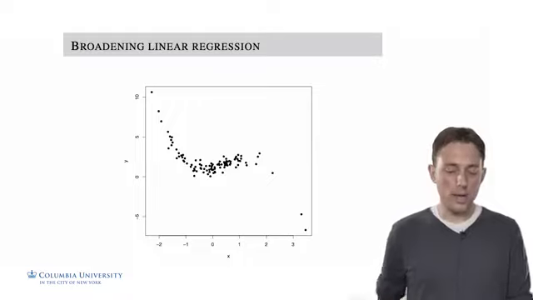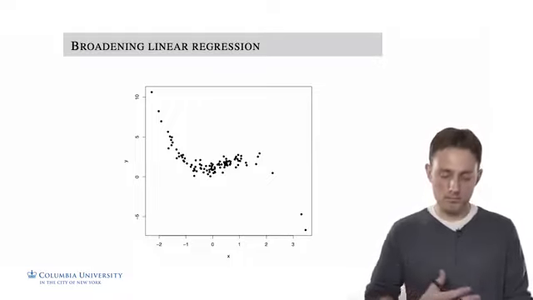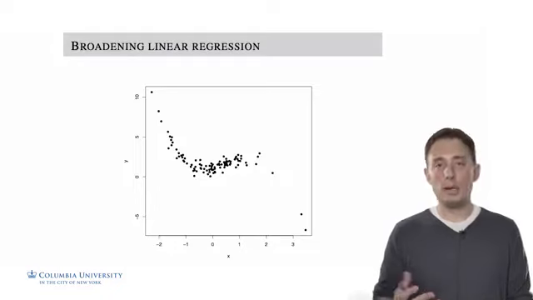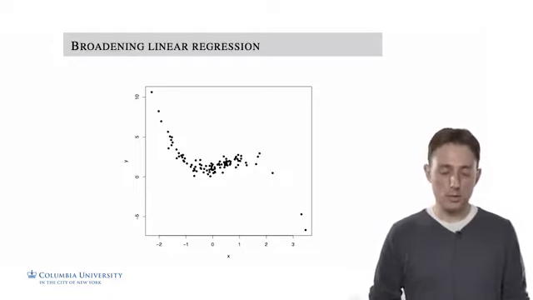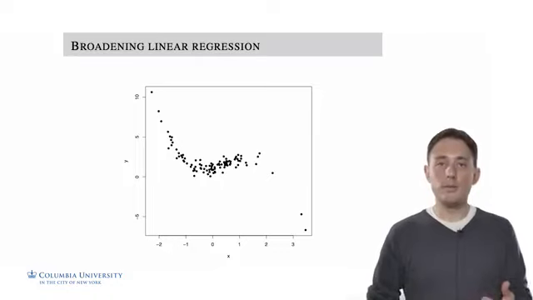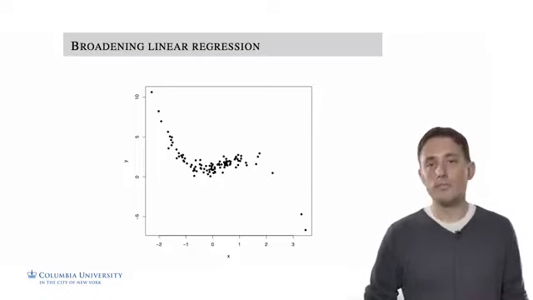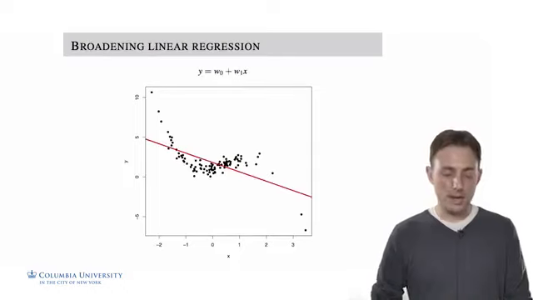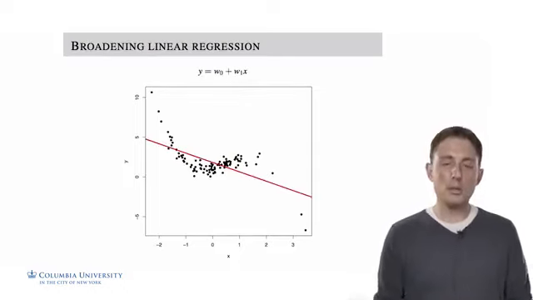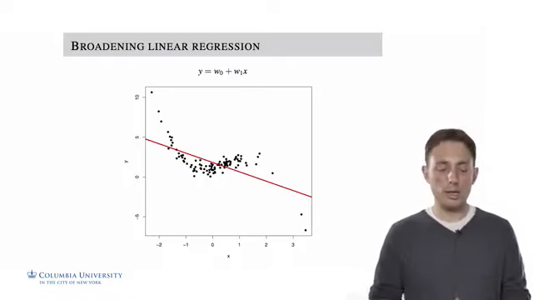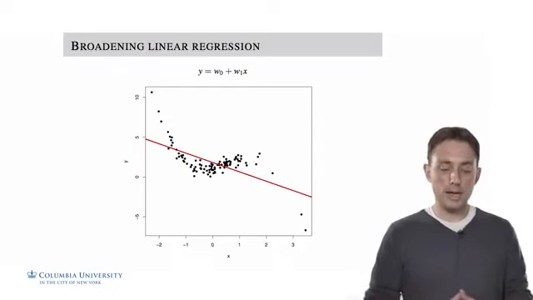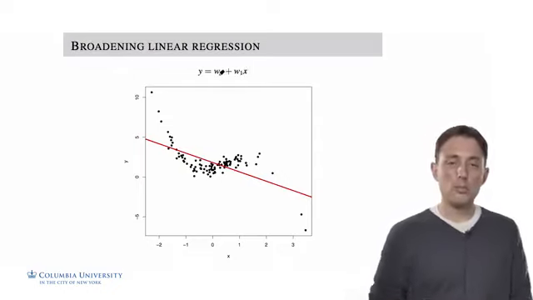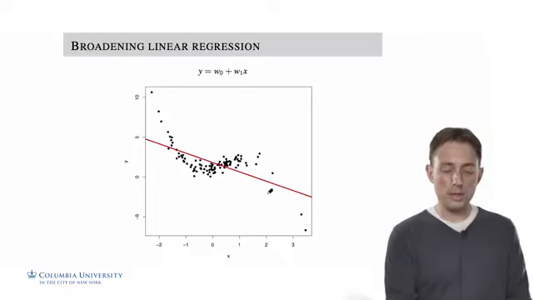So here's, for example, a problem where linear regression is not going to be something that we want to do as we've been discussing it so far, but we'll see how we can modify it very, very easily in order to handle this problem as easily as modeling it with a line. If we look at the original linear regression model that we've been formulating thus far, we again have the output y is approximately equal to the input x times some weight w1 plus an offset w0, which is simply the intercept term.